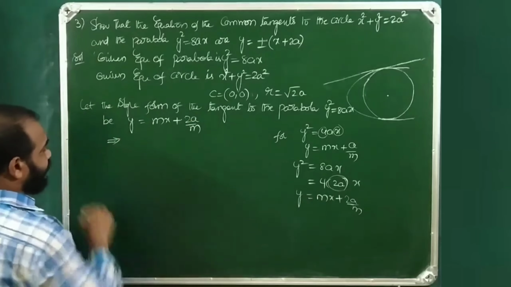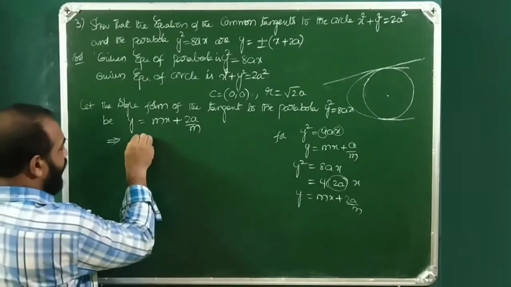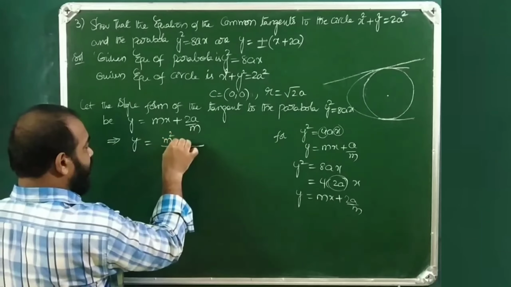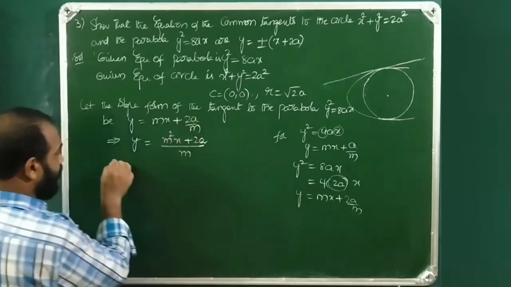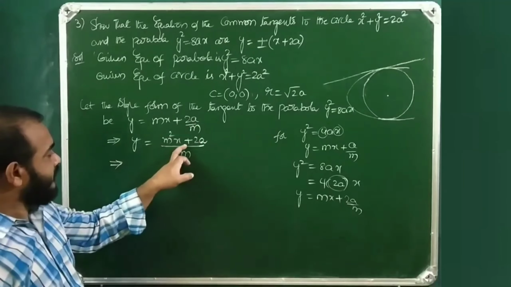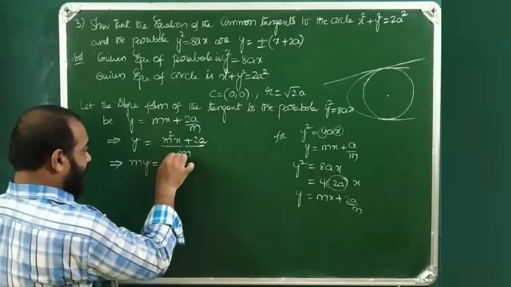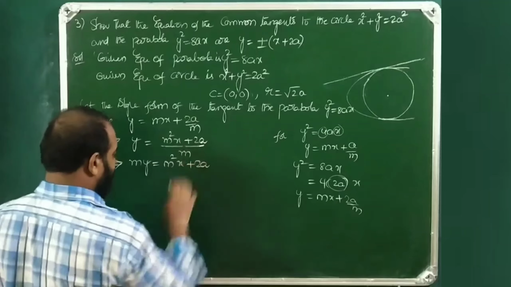Taking LCM as m, this is y is equals to m square x plus 2a by m. So my is equals to m square x plus 2a.